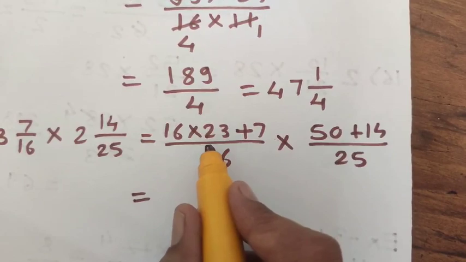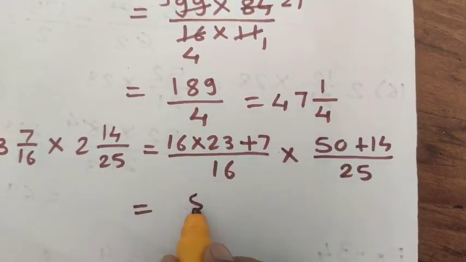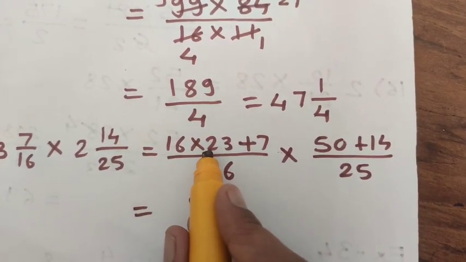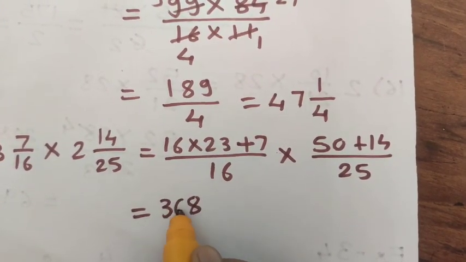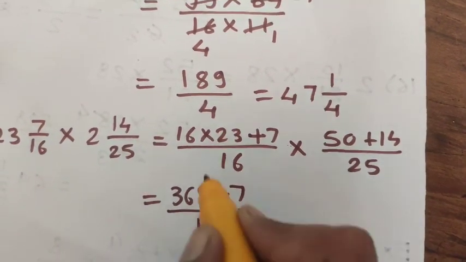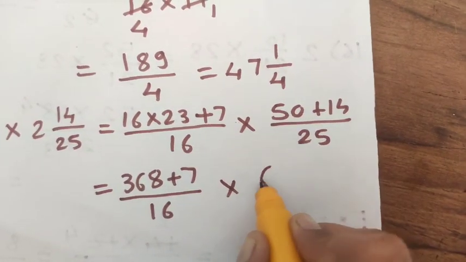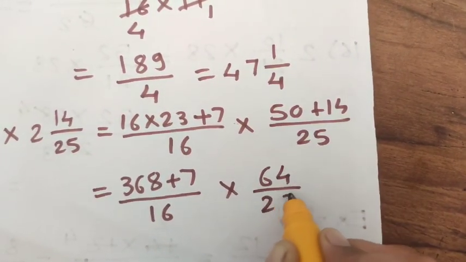Multiply this 16 and 23: 16 3s are 48, 4 carry, 16 2s are 32 plus 4, 36 plus 7. Okay, when multiplication is big you have to write it stepwise. 50 plus 14, 64 upon 25.